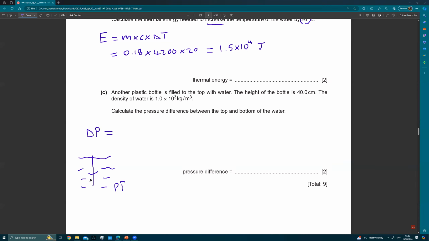And this change in pressure, how much the pressure increases by, is equal to the density of the liquid multiplied by the gravitational field strength, which is 9.8 in your new syllabus, and then multiplied by the depth, how much deeper you've gone, the change in height.